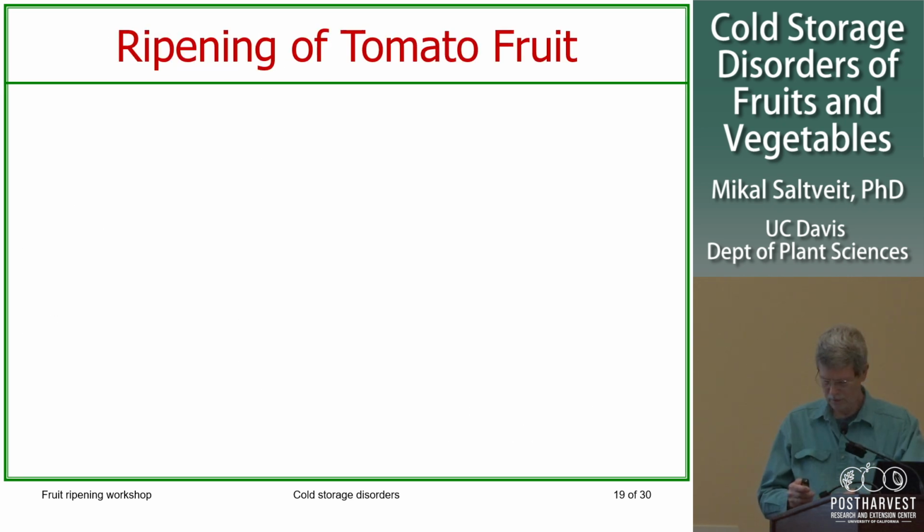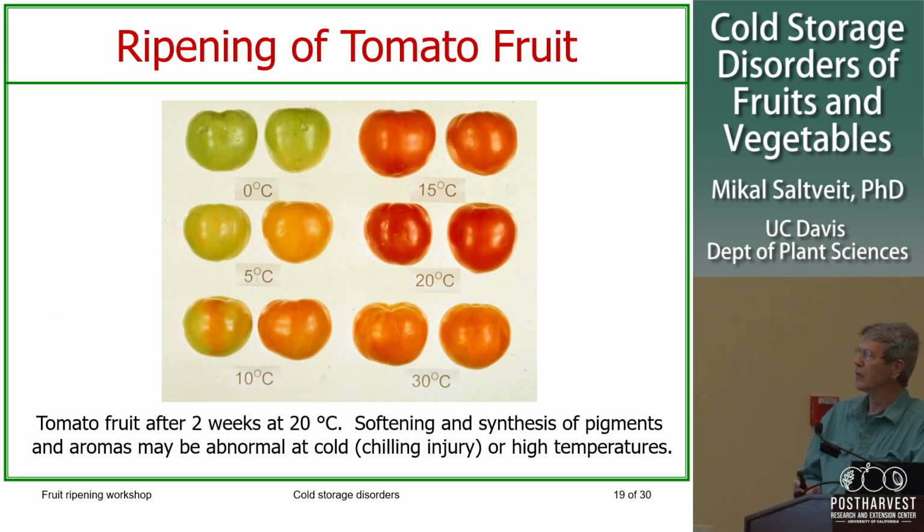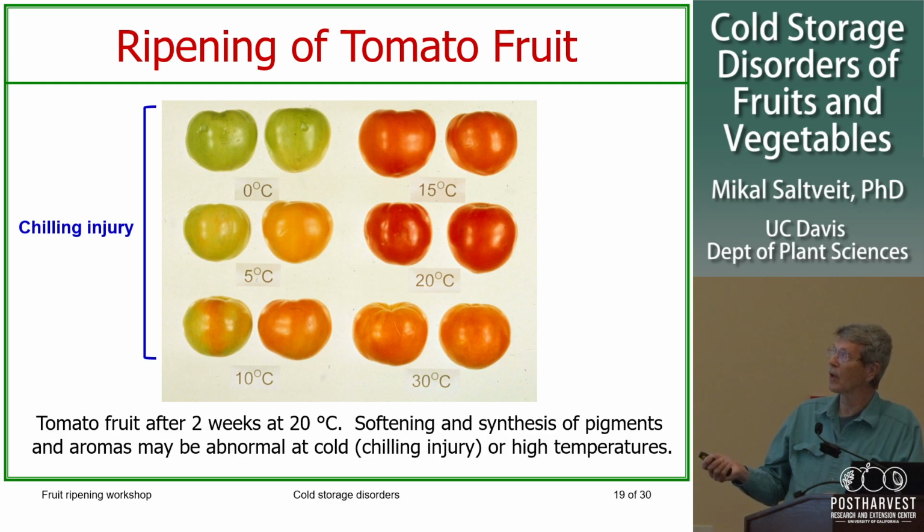Here's tomato fruit, 2 weeks at 20 degrees Celsius after being held at these different temperatures. So they were chilled at 0 to 10 degrees Celsius, and as you can see, if you hold them at too cold a temperature, they never develop color, or they develop abnormal color.